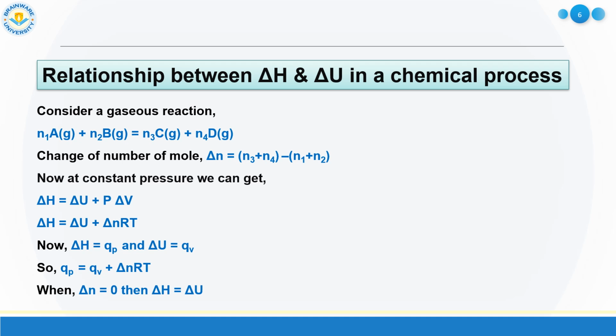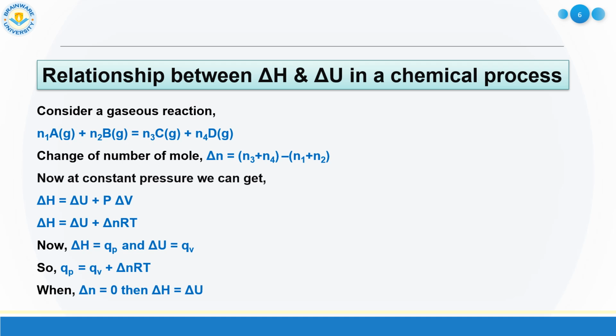Now let us deduce the relation between enthalpy change and internal energy change for a chemical process. Let us consider a gaseous reaction as n1A plus n2B equal to n3C plus n4D. What is the change in number of moles? It is (n3 plus n4) minus (n1 plus n2).